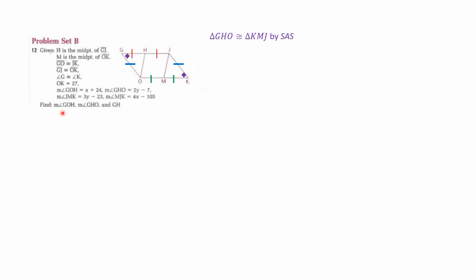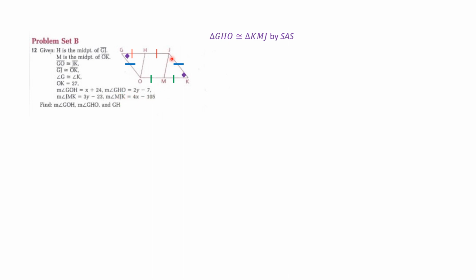Now, we need to know the measure of GOH. Well, GOH is in this triangle, and it has another part that it is corresponding to in a congruent triangle. And look, GOH has an algebraic expression here. It says GOH is x plus 24, and I bet I can find the corresponding angle. So GOH, well, yeah, that is going to correspond to this right here, KJM, or MJK, since that's how they named it.